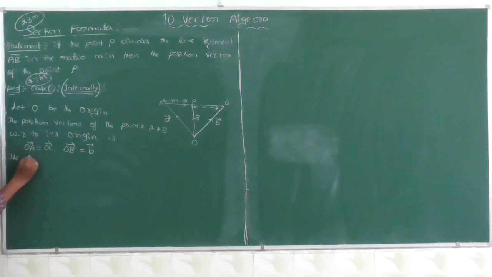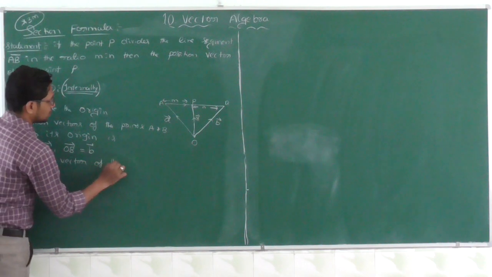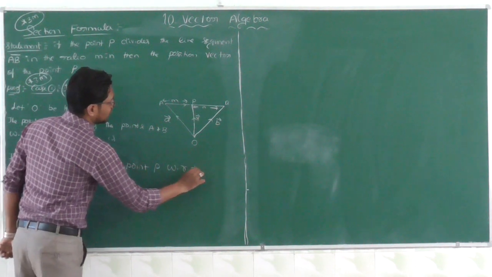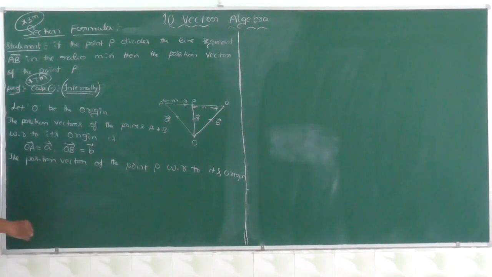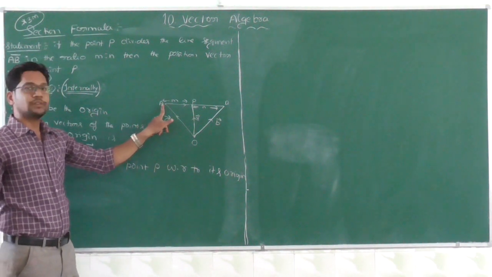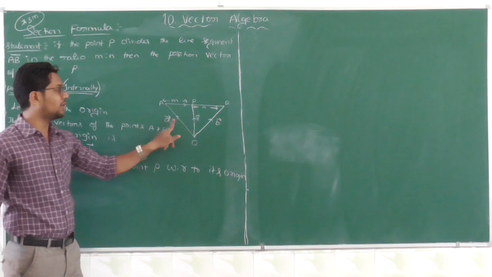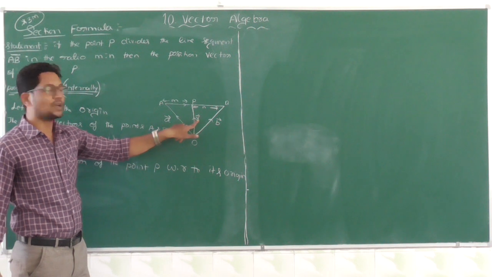The position vector of the point P with respect to its origin is OP vector equals R vector.